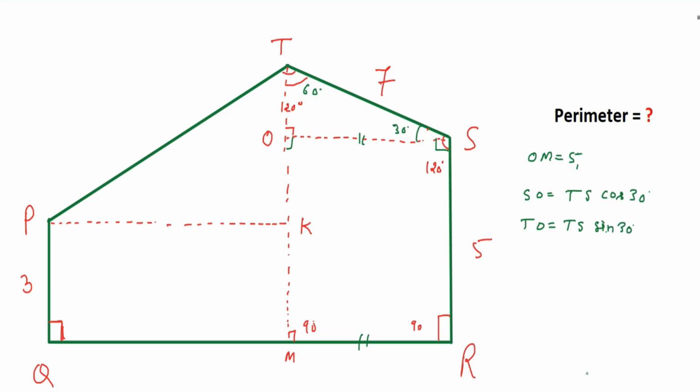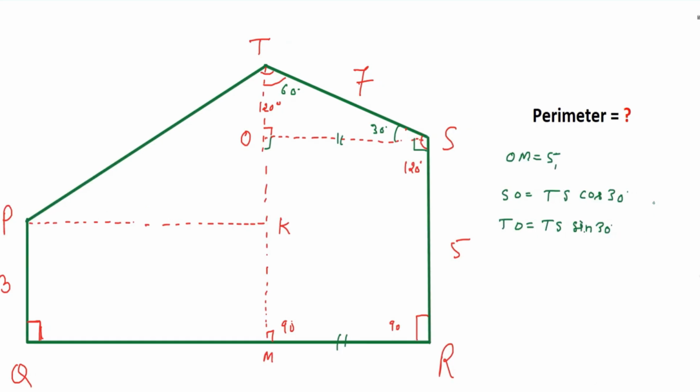So from here we will have TS, that is 7, and cos 30 degrees will be square root of 3 divided by 2. And TO is TS sin 30 degrees. Here TS is 7 units and sin 30 degrees will be 1 divided by 2. That means TO is 7 divided by 2.